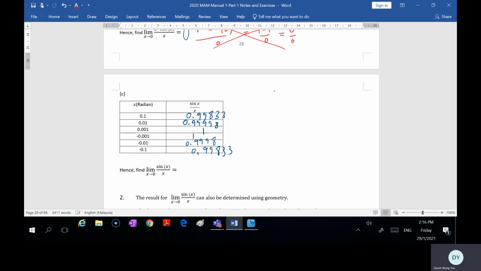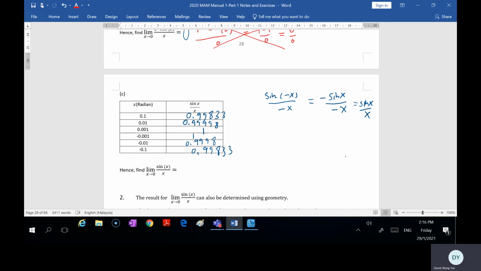When you put the negative x, as you know, sine negative x is negative sine x, so that's why it's equal to sine x over x.